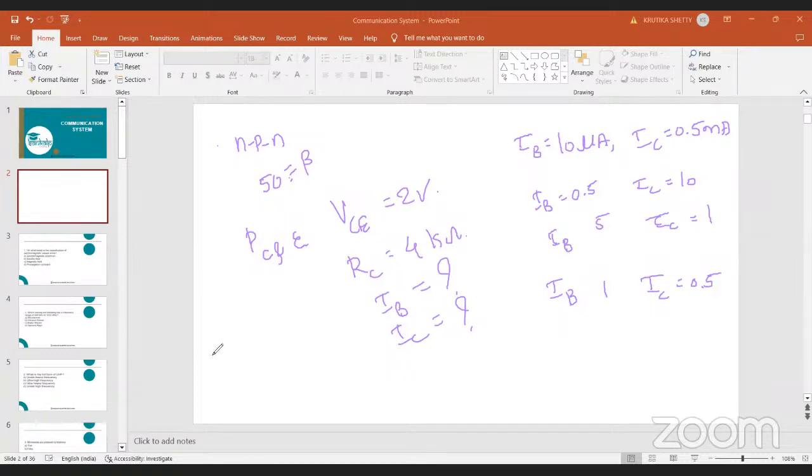Here the beta value, beta is equal to IC by IB. So we have the beta value as IC divided by IB. But both the values we require. Beta value is given as 50, IC and IB. So how to calculate IC and IB here?